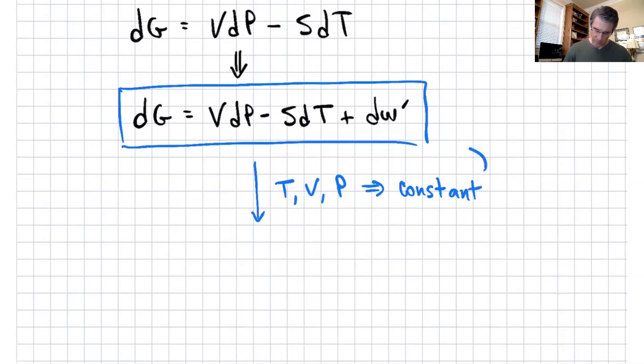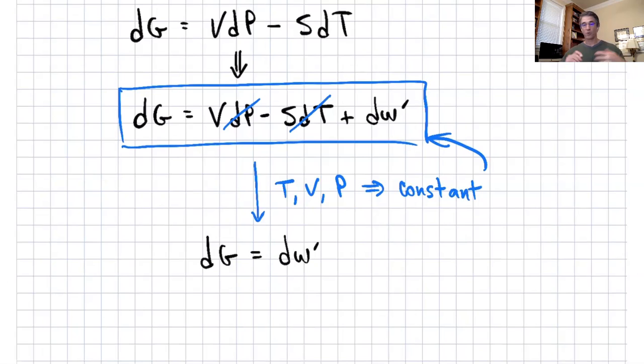If that's true, it's fairly easy to see what's going to happen. dP goes away, dT goes away because temperature and pressure are constant. So under those constraints, the differential change in the Gibbs free energy is simply equal to any non-pressure volume work that could happen on or by the system.